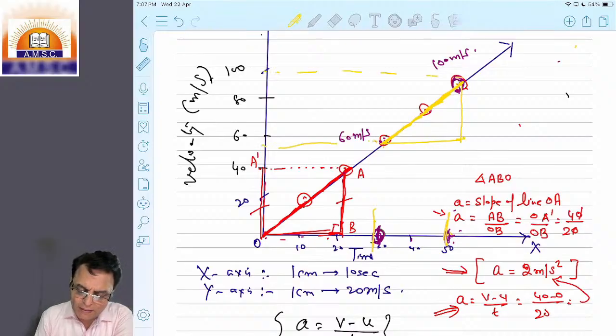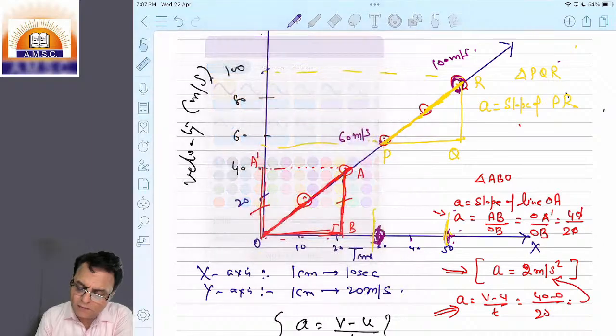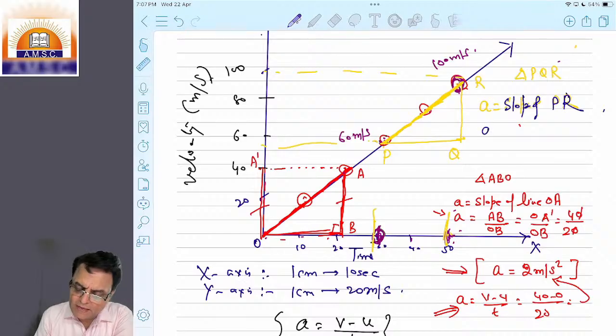Suppose I name it as P, Q and R. So in triangle PQR, acceleration is the slope of PR, and hence acceleration is equal to slope, which is RQ divided by PQ.